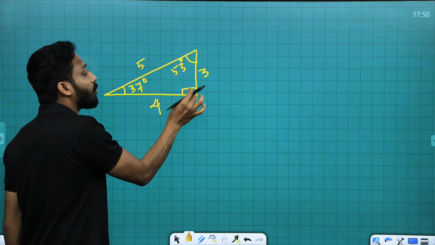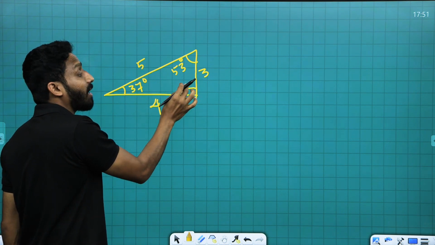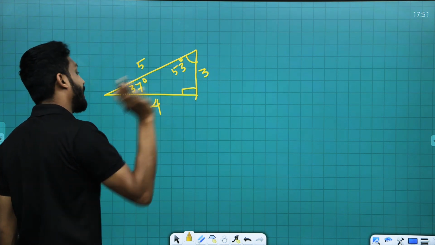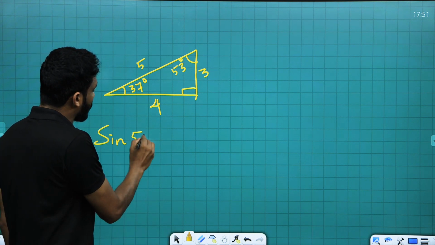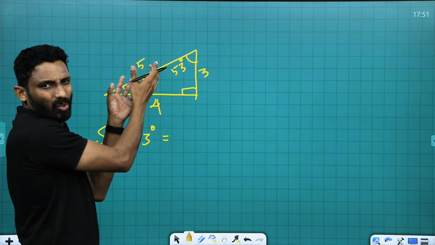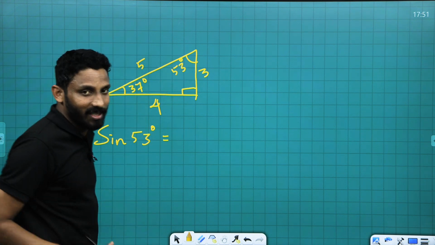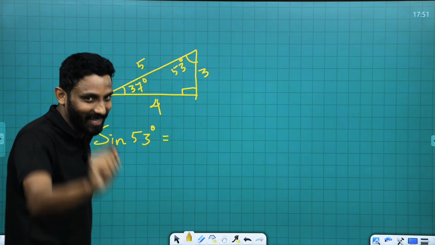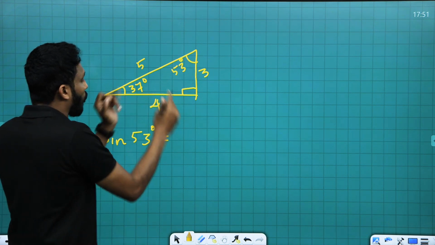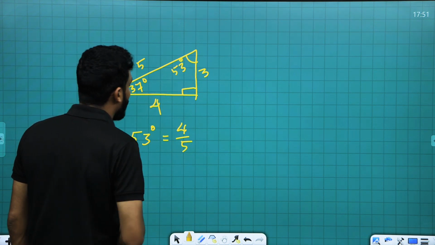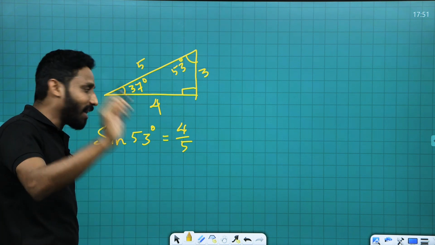And the angle opposite to 5 is 90 degree. From this, what is sin 53? This triangle, you have to learn this triangle, the triangle of 3, 4, 5. Sin 53 is equal to 4 by 5.